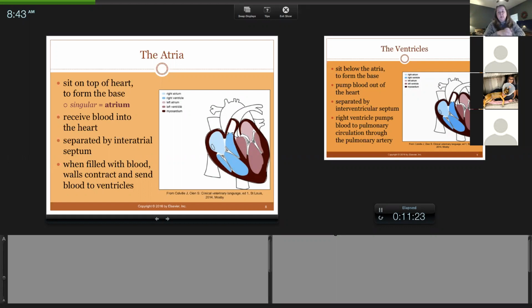So be familiar, if I ask you about a vessel, or if I talk about where blood's coming from, I like to ask, is this blood oxygenated? Is this blood deoxygenated? And remember, if it's deoxygenated blood, it is low in oxygen. What is it high in? What does it have a lot of? If it doesn't have oxygen, it has something. Carbon dioxide. Okay, carbon dioxide is a byproduct of cellular metabolism.